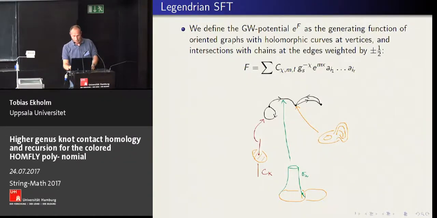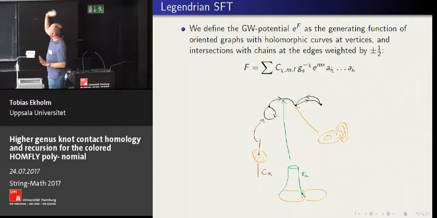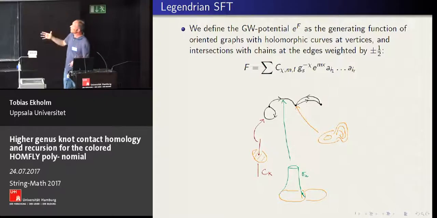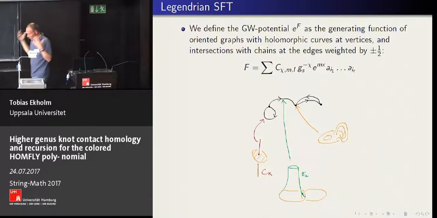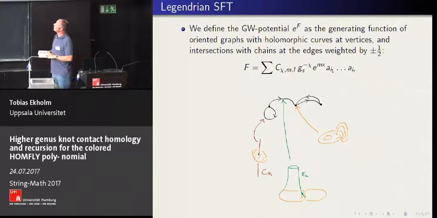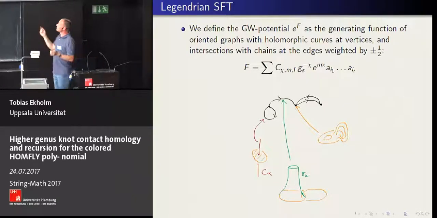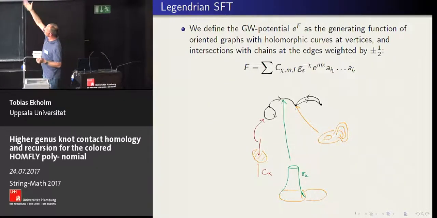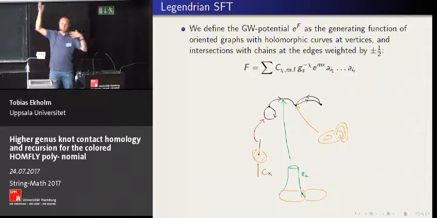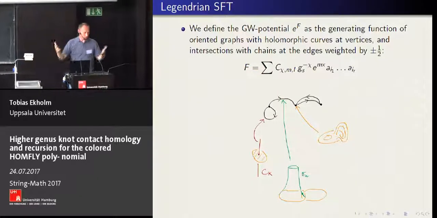Okay. So, without saying too much, this allows us to define a Gromov-Witten potential, which counts graphs with various linking information at the edges and so on. So we get, in some sense, generalized holomorphic curves.